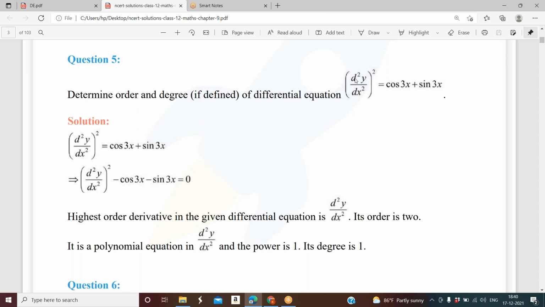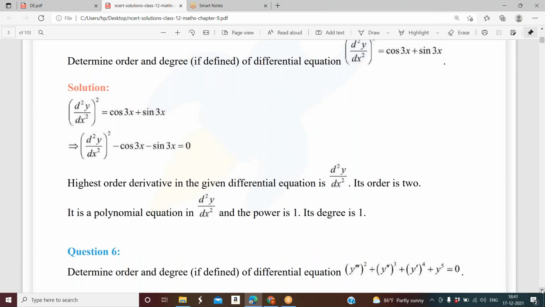The highest derivative is second order derivative, d square y by dx square, and its order is 2. What is the degree of this equation? It's a polynomial equation in d square y by dx square, and its power is 2, not 1. Degree is 2. The answer given here is wrong.